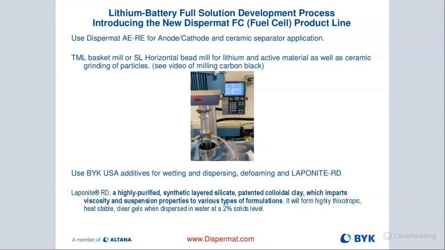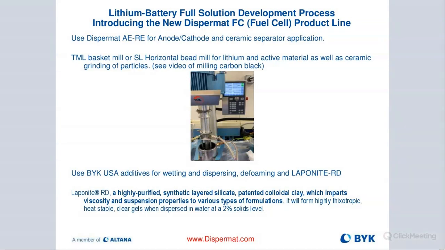The basket mill was no longer sufficient to bring the particle size below 500 nanometers efficiently, so we were able to do that with the horizontal medium mill. But for most applications on electrolytes, the basket mills are doing an excellent job to get us down to where we need to go in terms of particle size, as well as particle size distribution.